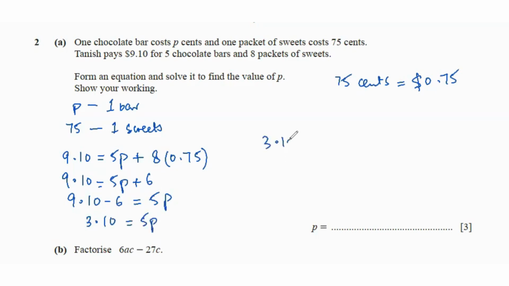So 3.10 divided by 5 is going to be the value of p, 0.62. So 62 cents or $0.62.